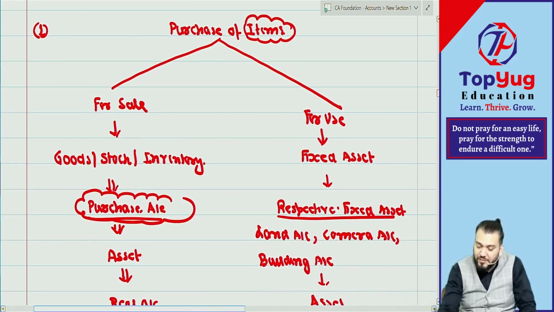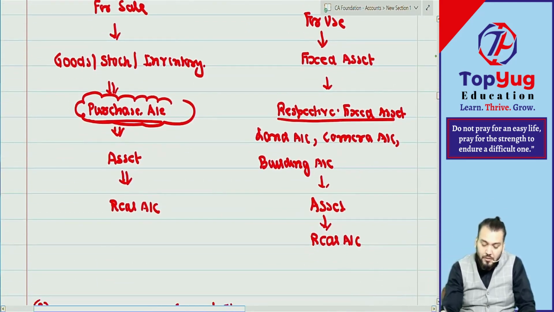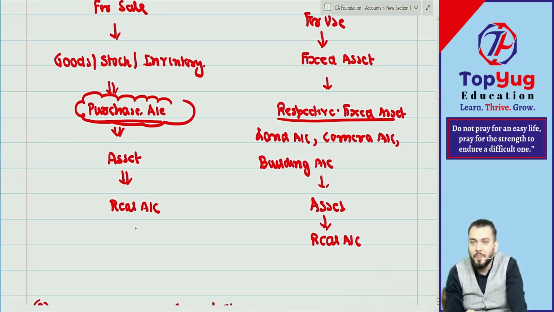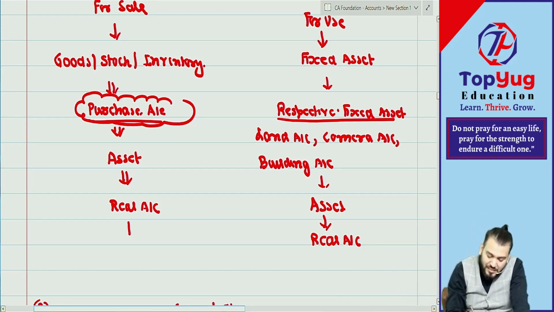When I am saying purchase of item, the purchase account is a real account. For a real account, what is the rule? Debit what comes in, credit what goes out. Here goods are coming in, so it will be debited. So can I say this purchase account will be debited?